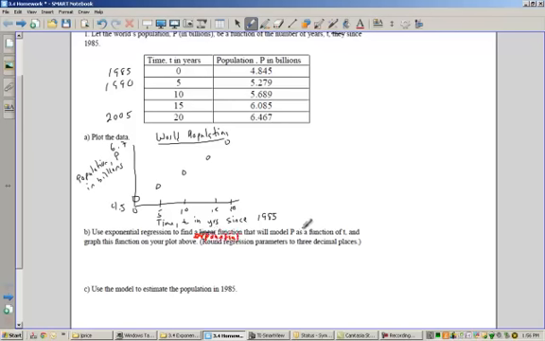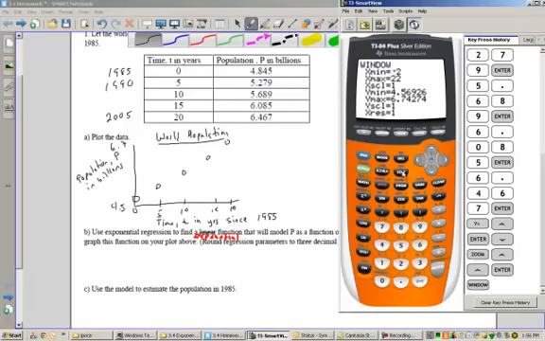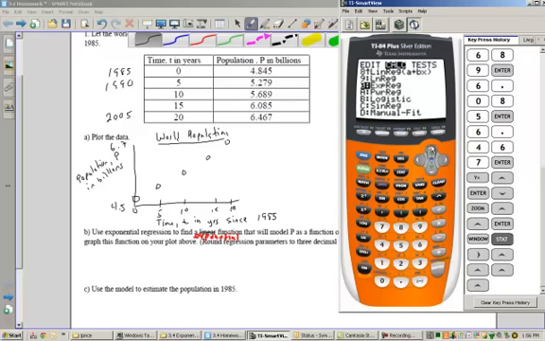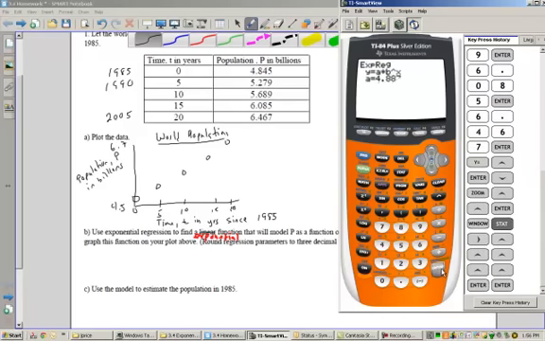That will model P as a function of t, and graph this function on your plot above. On the calculator, just hit your stat button and go over to calculate, and then scroll through these, and we do exponential regression. Go to exponential regression, hit enter again, and out pops our answer.